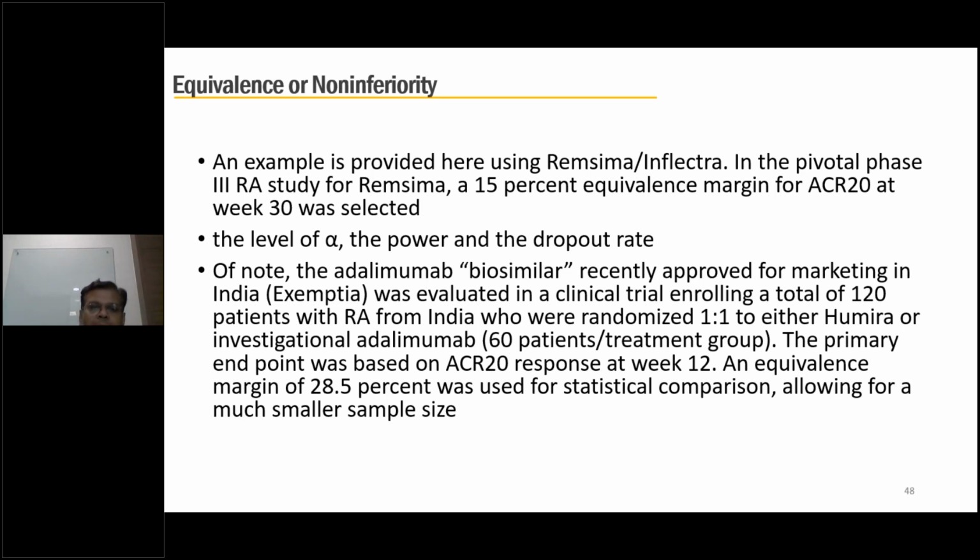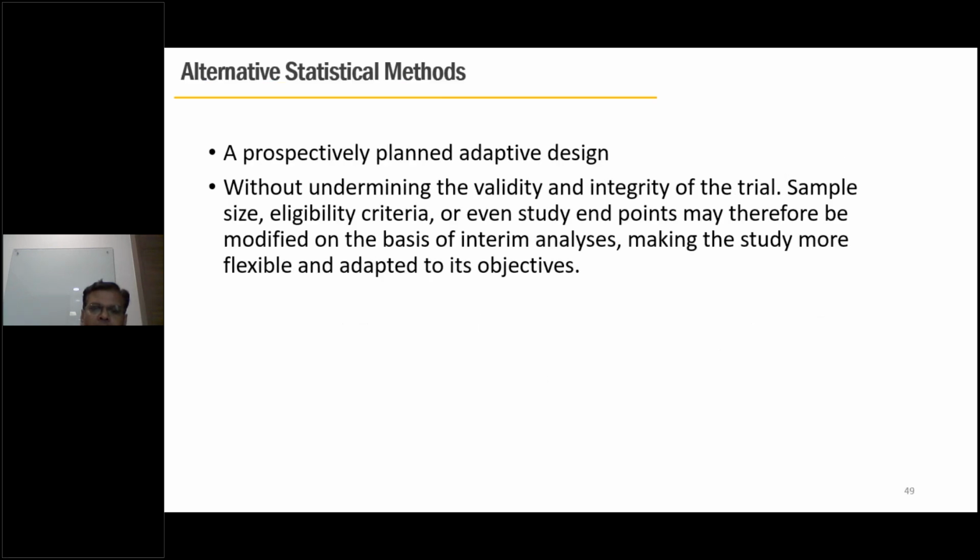The Indian regulators did allow this huge margin of 28.5, and they got the marketing permission. But if you go to regulated markets, it would not be possible to get permission with such a small sample size and such a broad margin.